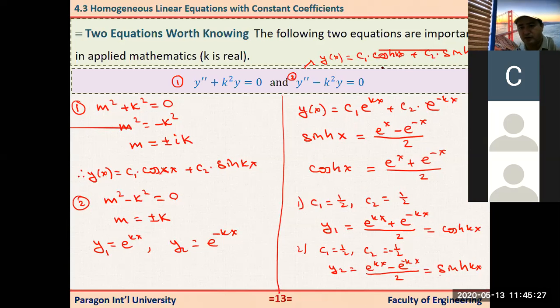You may wonder why we are writing it in this form. These cosh and sinh are also linearly independent functions. As I said, we have cosine of x and sine of x in the first case, and here cosh x and sinh x.